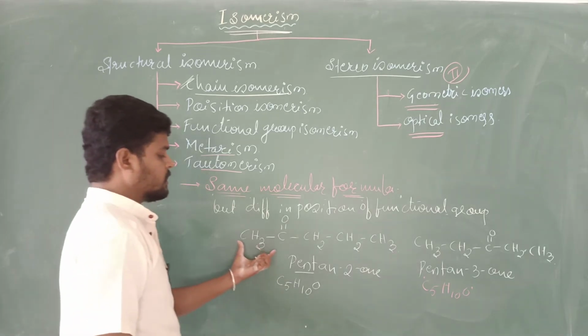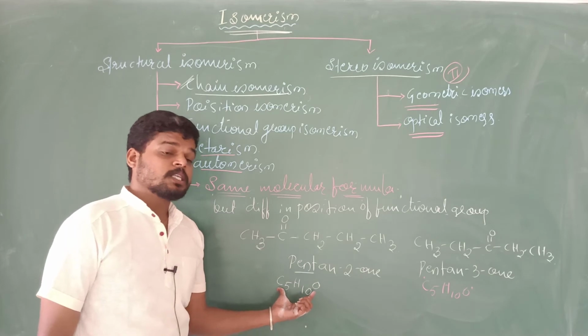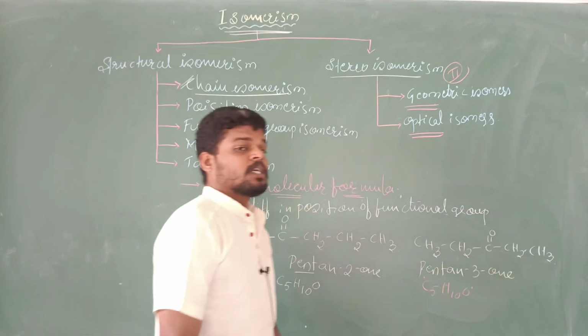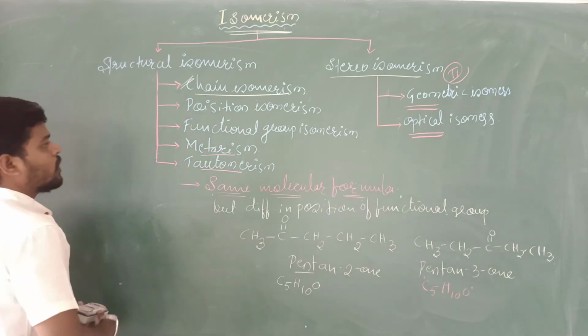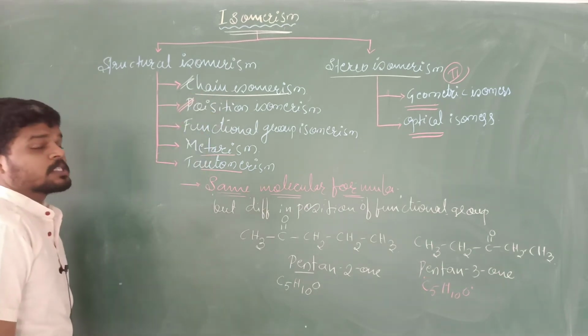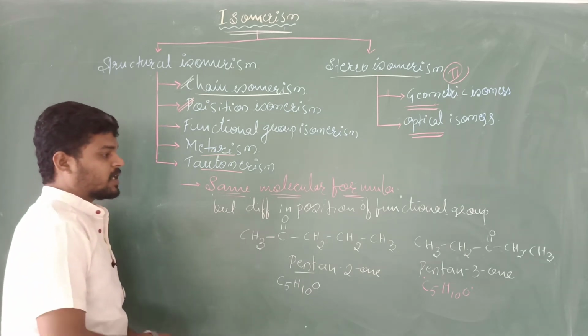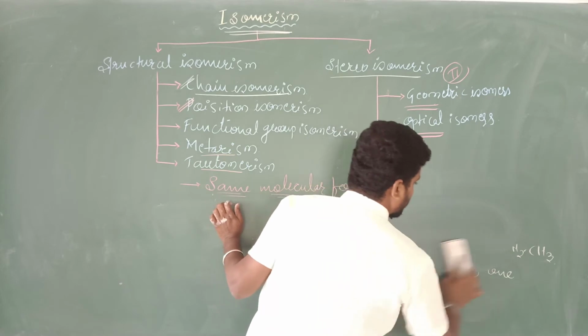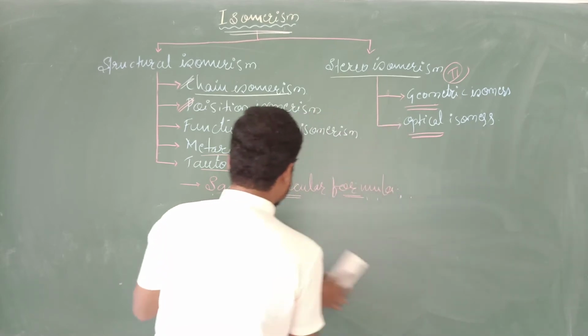So here the molecular formula is the same, but the functional group is at a different position. That is called position isomers. That is, the compounds having the same molecular formula but differing in the position of the functional group are called position isomers.